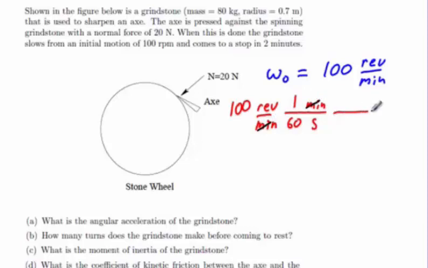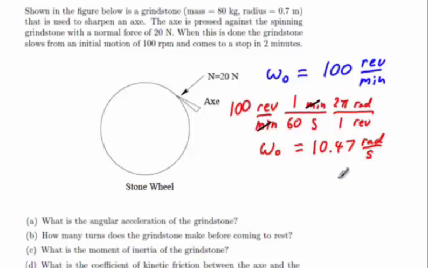The other problem with this expression is that there are revolutions in the numerator, so we will need to put revs in the denominator and replace these with their preferred unit of rads. And we recognize that 1 revolution is a complete turn and therefore represents 2 pi radians, meaning that we need to multiply our 100 rev per minute by 2 pi, divide by 60 in order to get the desired units to have 10.47 rad per second.